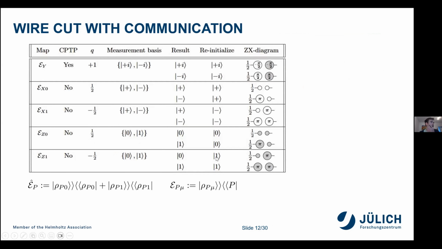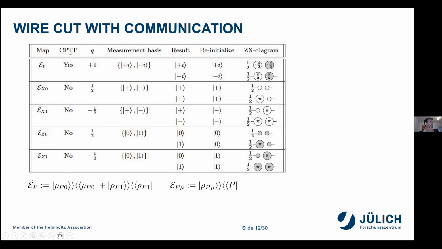With this, we can now write down the full protocol for wire cutting with communication, where this first map simply means we measure in the Pauli Y basis and reinitialize what we get. And these other maps mean that we reinitialize the eigenstates of the Paulis and measure in the corresponding bases.